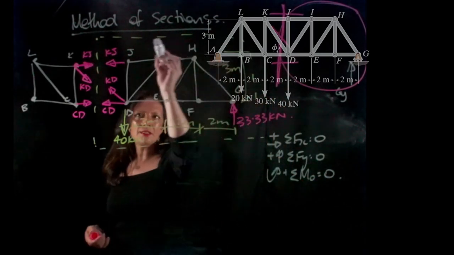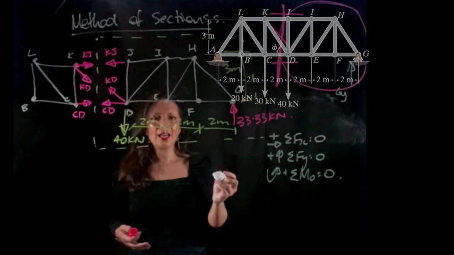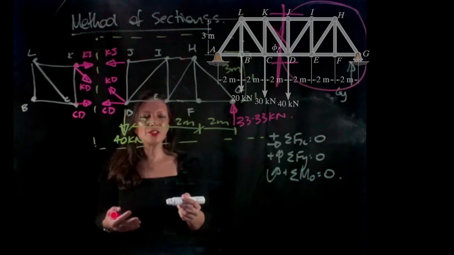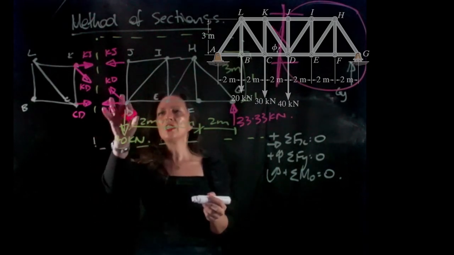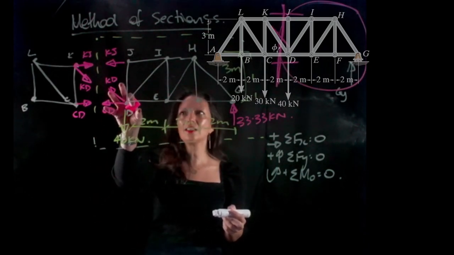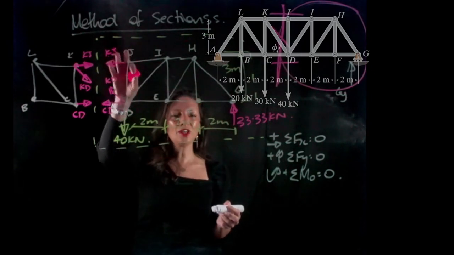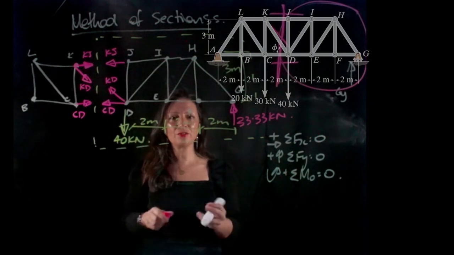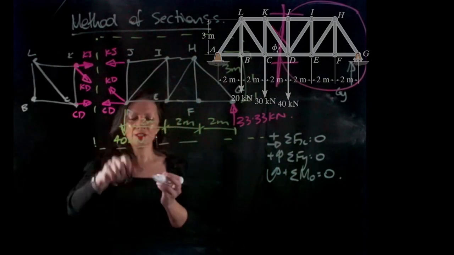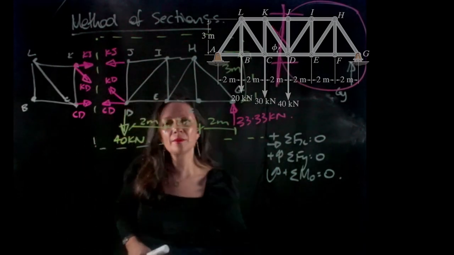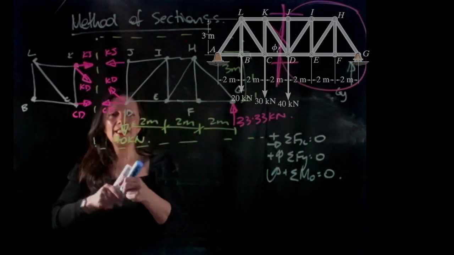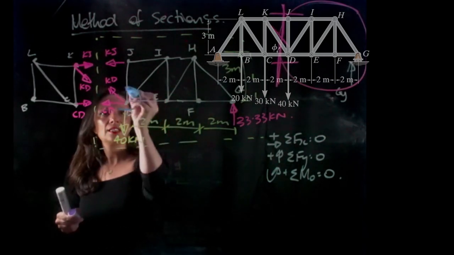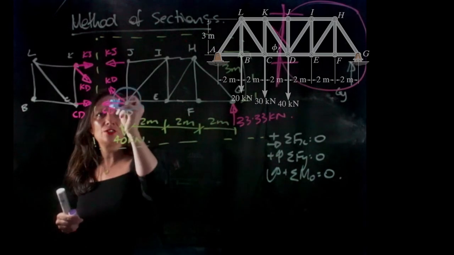So we need this system to stay in equilibrium, and it's very similar to when we were doing reaction forces. So if we have two unknowns and one unknown, we should actually take moments around where we have two unknown forces. So I'm going to take the sum of the moments around D to eliminate these two forces.